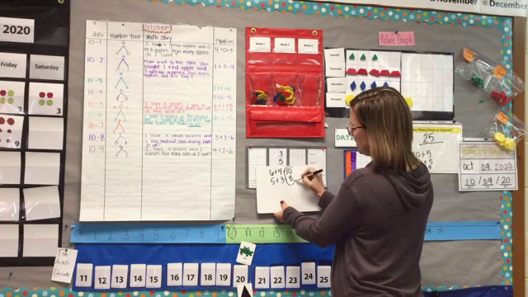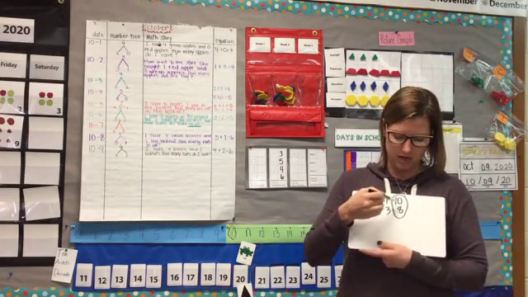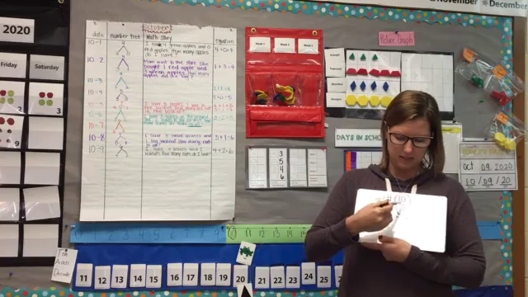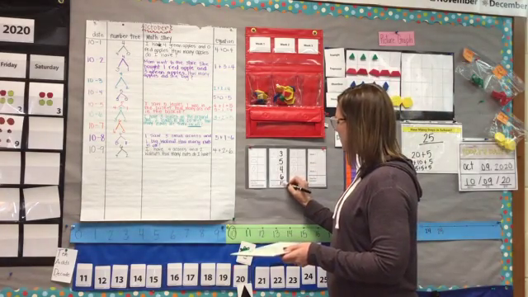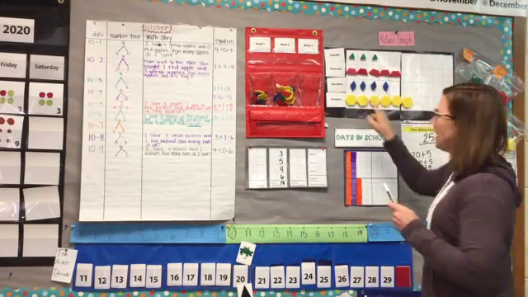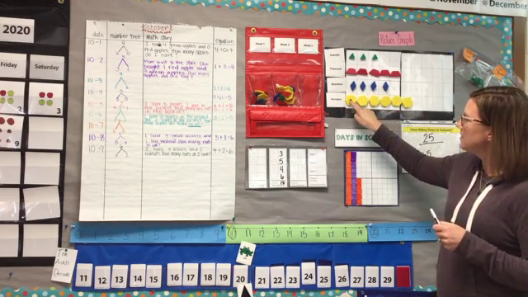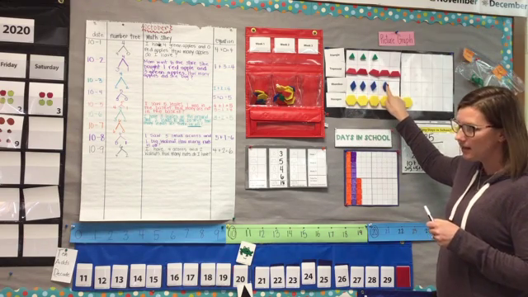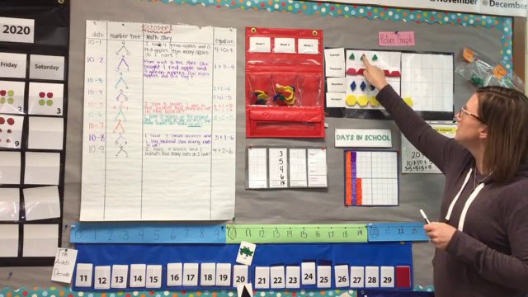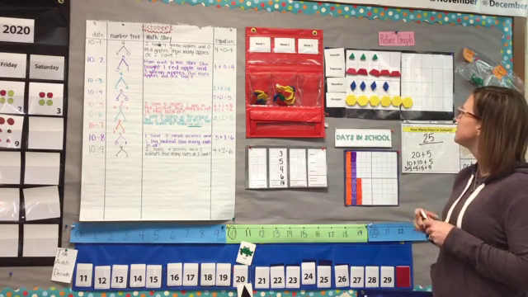Now I can look at 10 and 8 and I know that that's an easy 18, right? 10 plus 8 is 18. I have 18 total. I'm going to double check my work by counting one by one. So 1, 2, 3, 4, 5, 6, 7, 8, 9, 10, 11, 12, 13, 14, 15, 16, 17, 18. I was right. I double checked my work and it was correct.